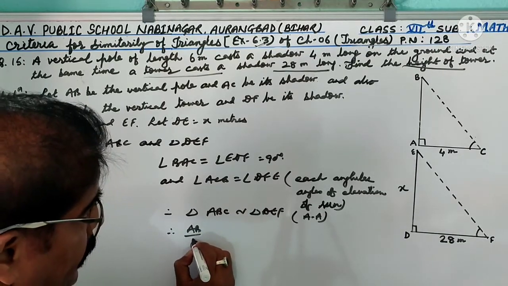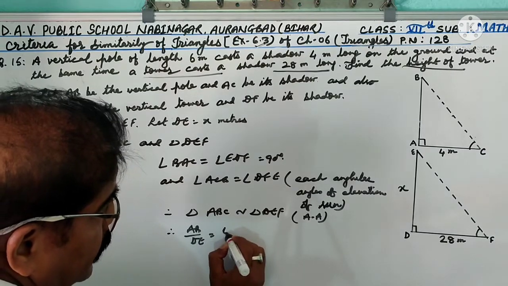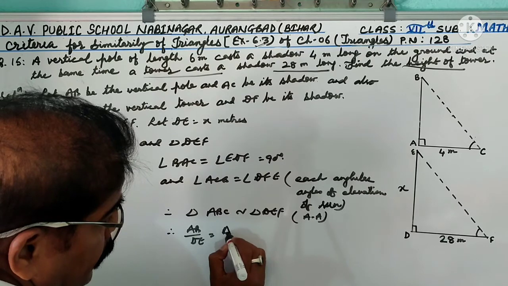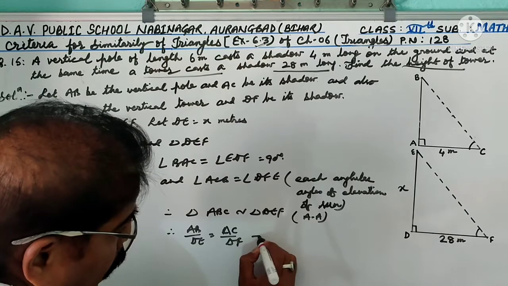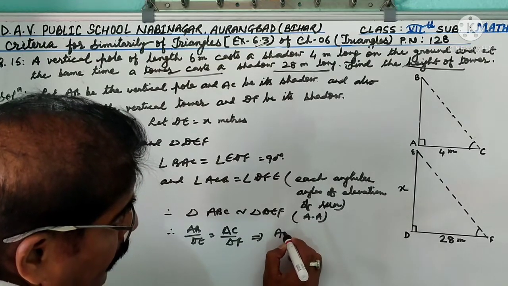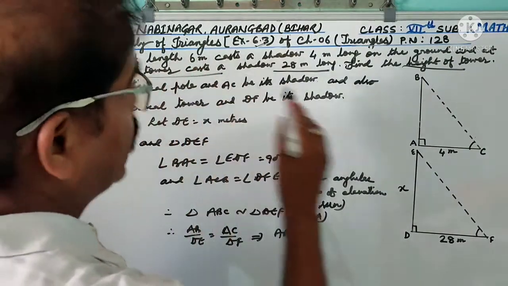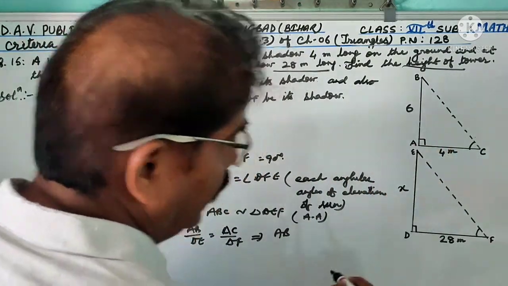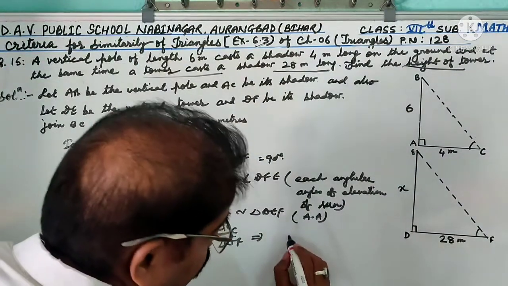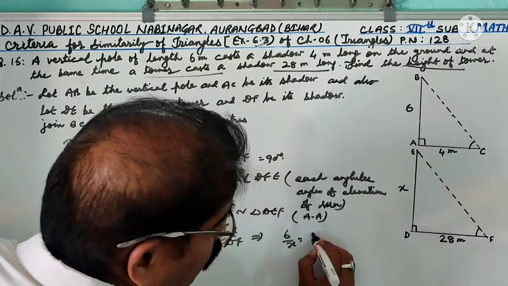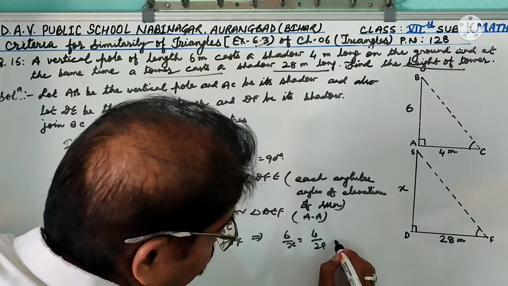Therefore AB by DE equals AC by DF. Our vertical pole is 6 meters. So AB by DE, 6 by x, equals AC by DF, 4 by 28.